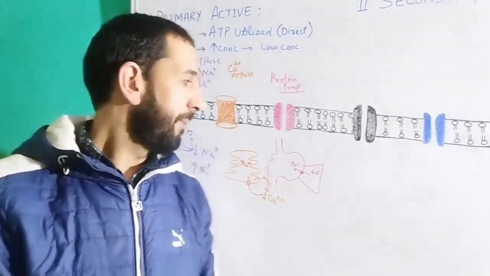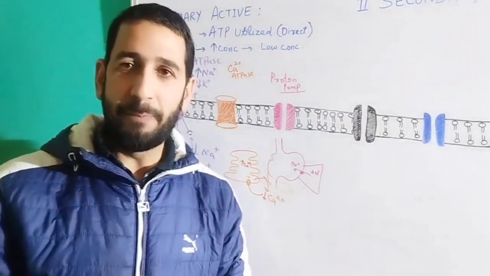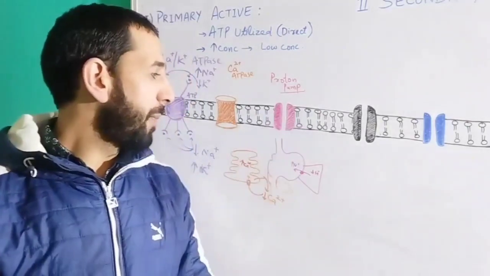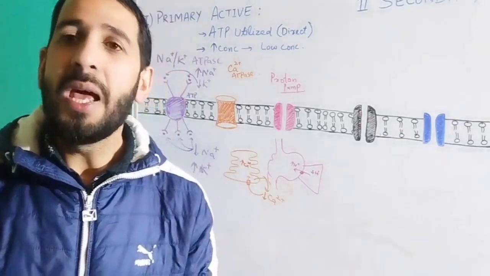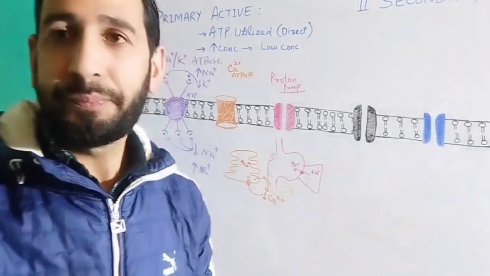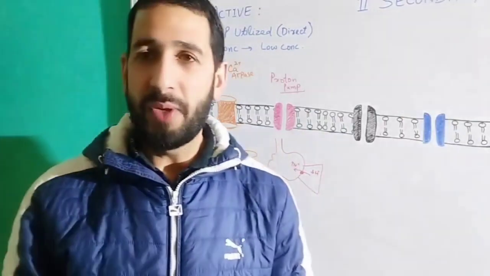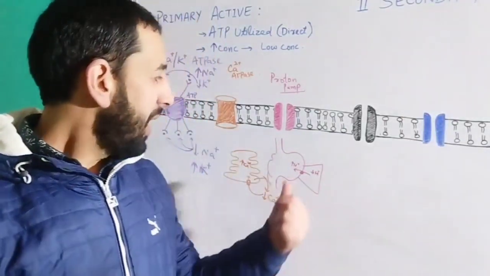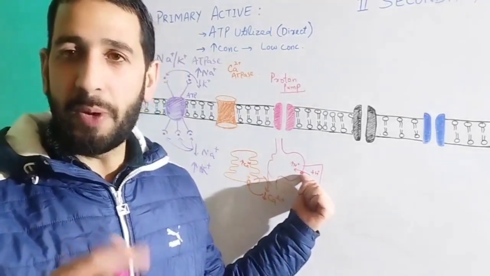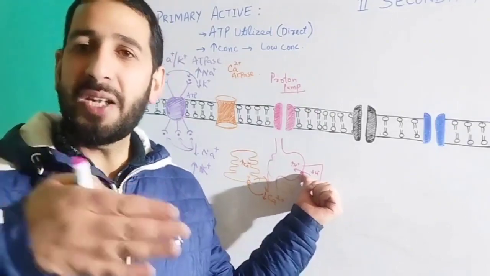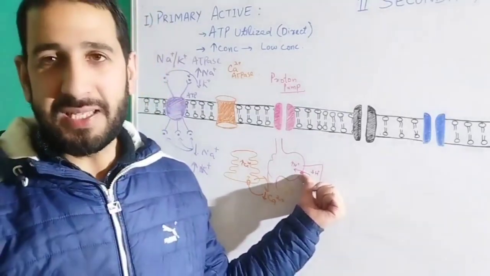to high concentration. Now, this proton pump is very important because there is a drug which works on this particular protein, and that drug has a very straightforward name, the proton pump inhibitor. Yes, proton pump inhibitor, for example the drug pantoprazole, works on this proton pump and inhibits it, hence decreasing the secretion of these protons or hydrogen ions, so that we can decrease the formation of HCl in the stomach.